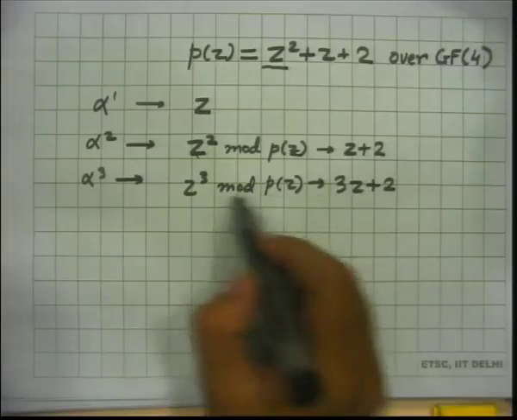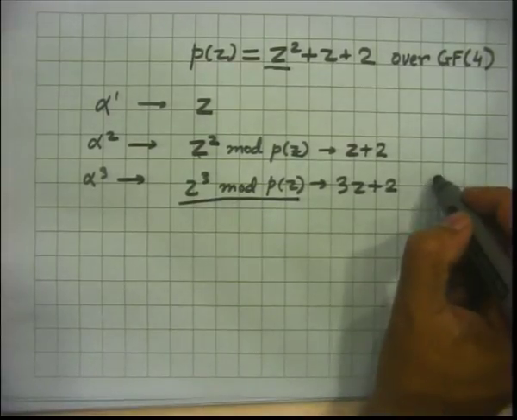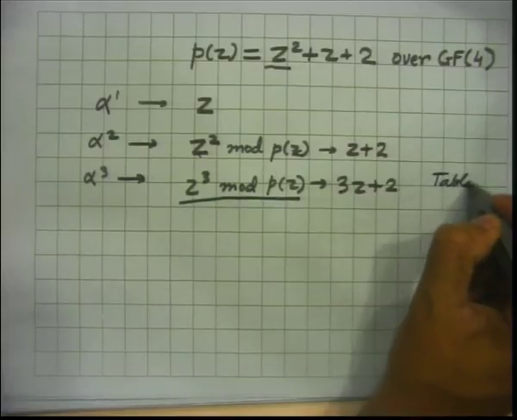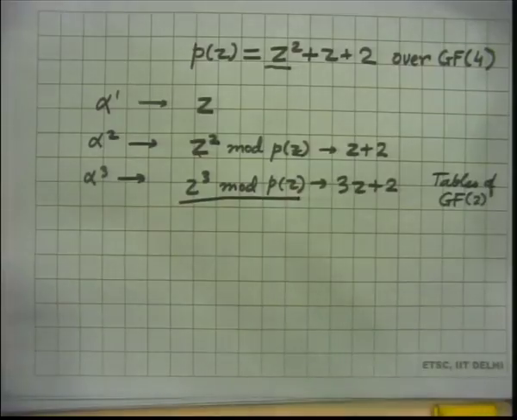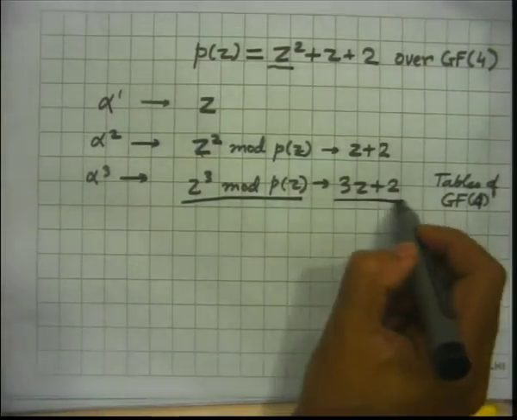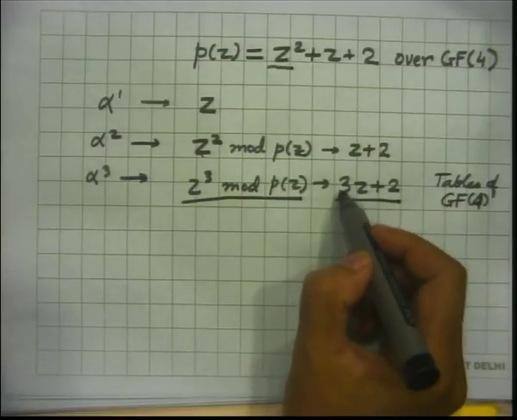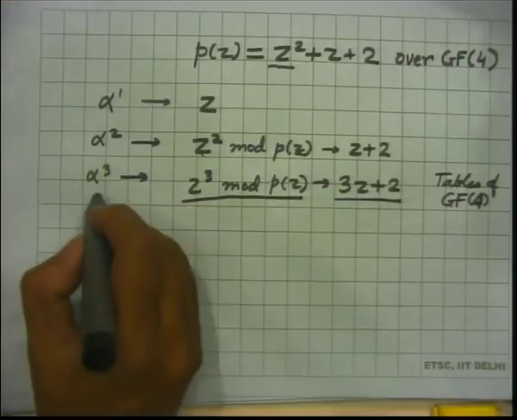In order to execute this operation, we have used the multiplication and addition tables of GF4. Therefore, we get this, and the coefficients lie between 0, 1, 2 and 3, and so forth.